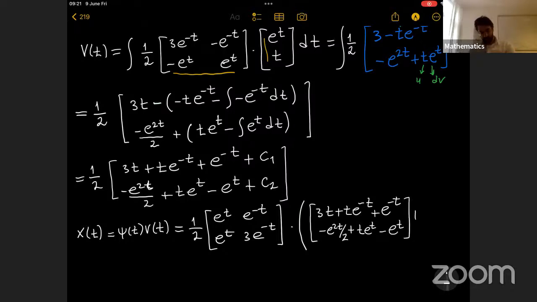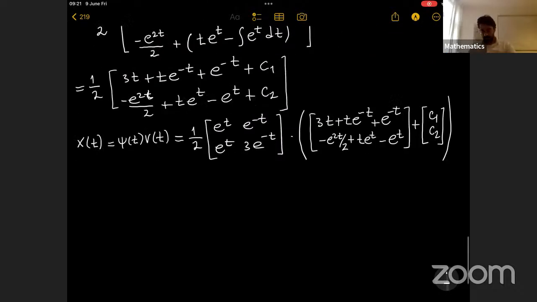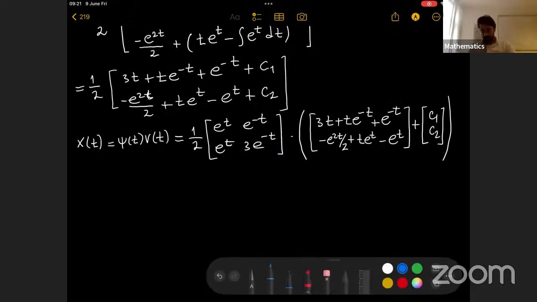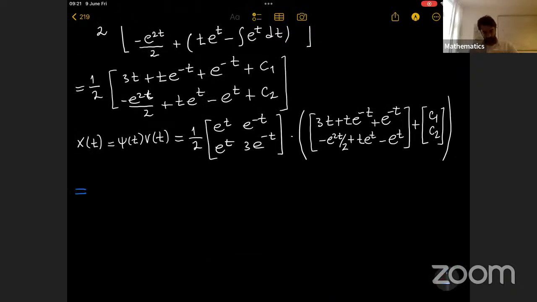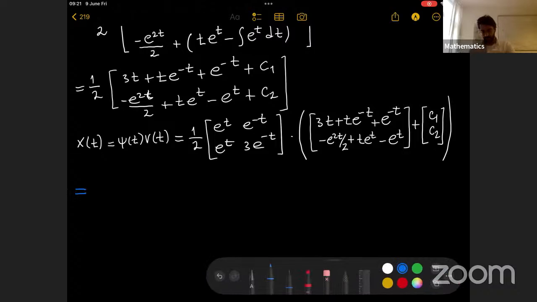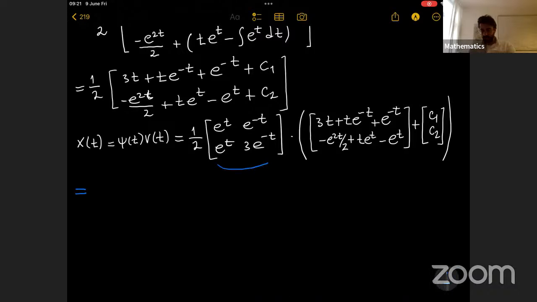Okay, plus, let's write it like this, c1 and c2. When you write like this, you can see the homogeneous solution, the solution to the homogeneous part, in the general solution. So it's going to be what? Well, we first multiply this matrix with this vector.